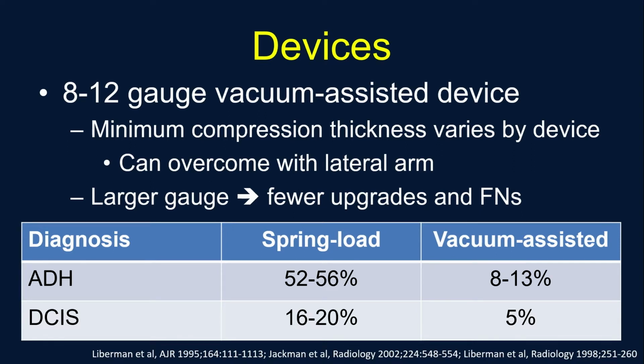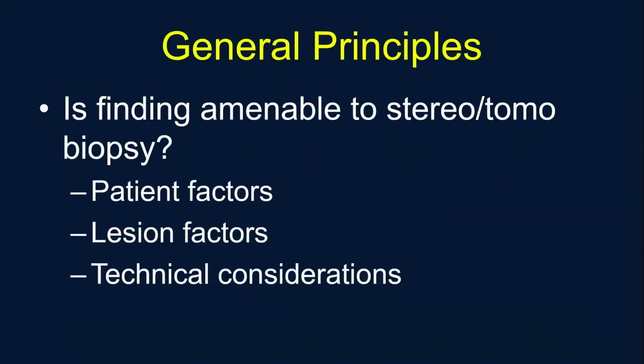But the classic stereotactic biopsy, depending on the device, you usually need at least 2 centimeters or slightly more in order to be able to safely biopsy. The other thing to keep in mind, the larger your gauge of a biopsy needle, the less likely you're going to upgrade on surgery if you were to do surgery for atypia or DCIS.